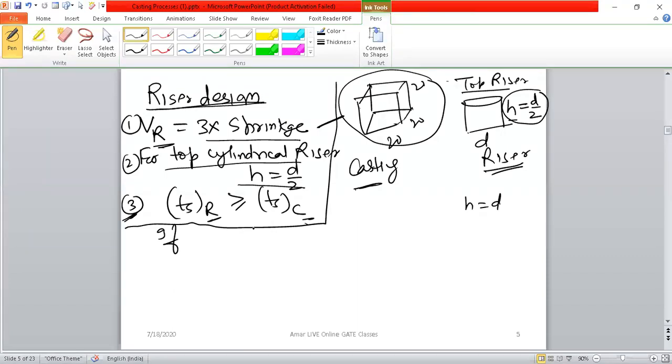Now, we got the volume of shrinkage, and when this is also satisfied, you get the volume of riser and the surface area of riser.